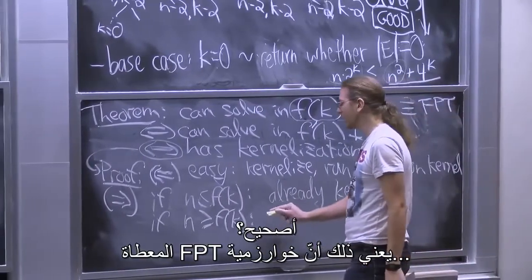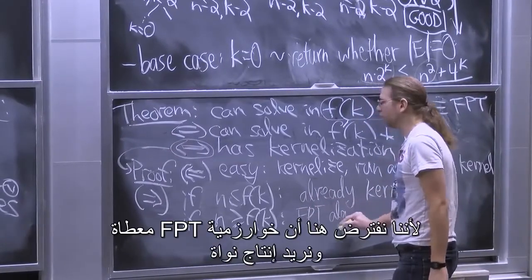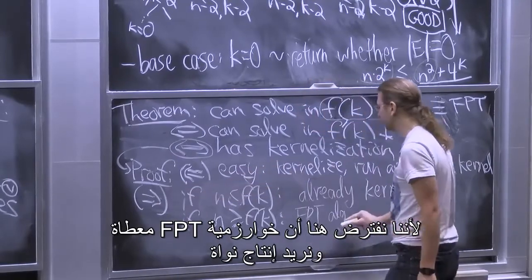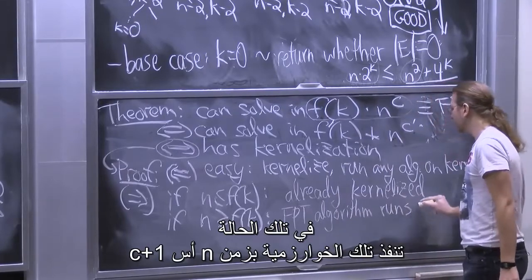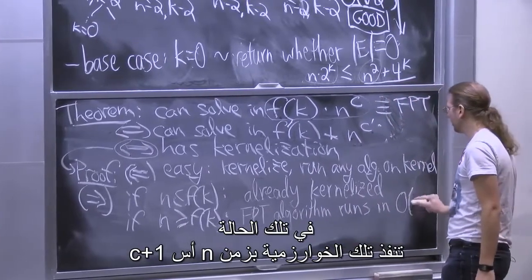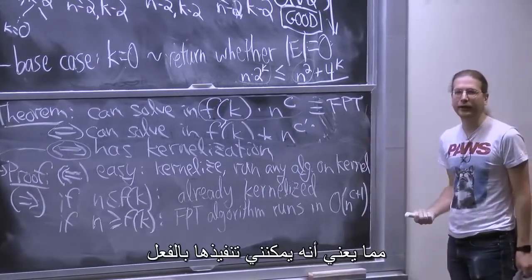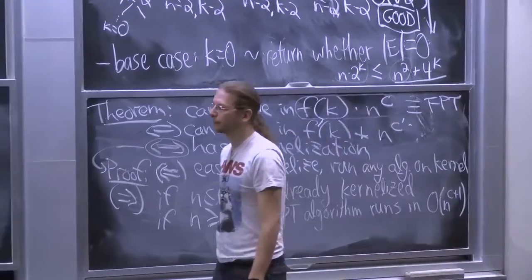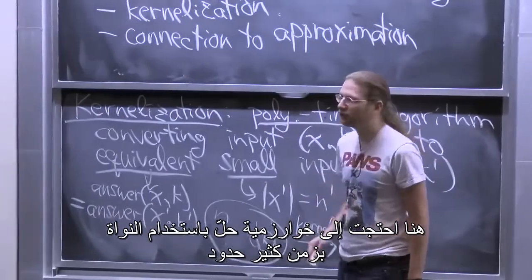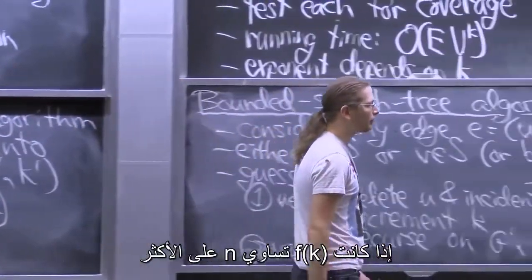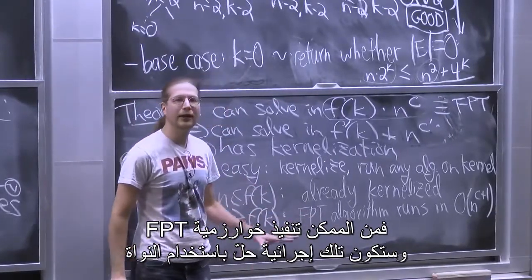So that means the FPT algorithm that I'm given, because we're assuming we're given an FPT algorithm and want to produce a kernel, runs in n to the c plus 1 time, which means I can actually run it. That's polynomial time. OK, so over here, I needed a polynomial time kernelization algorithm. If it happens that f of k is at most n, then I can actually run the FPT algorithm, and that will be a valid kernelization procedure.